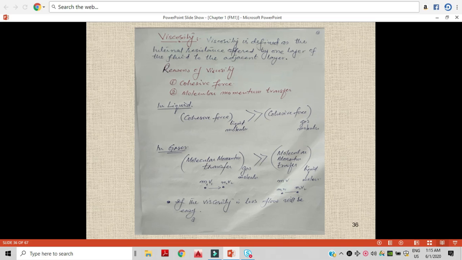And the adhesive forces are the forces between the molecules of different fluids.